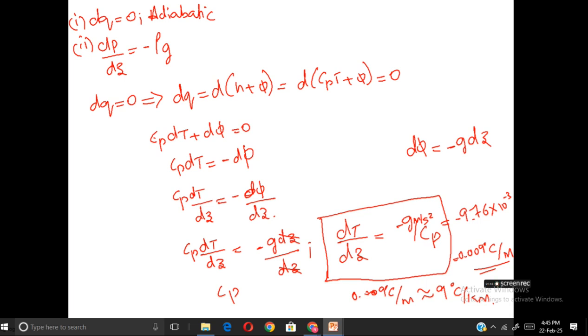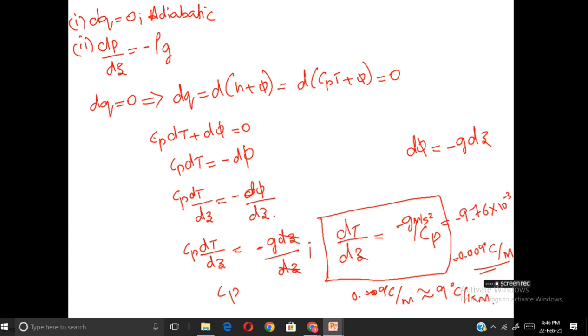And we learned what is enthalpy, which is the amount of heat supplied at constant pressure to increase the temperature from 0 to T Kelvin or T degree Celsius. And we learned what is dry static energy, which is given by H plus phi. In case of atmospheric motions, which are adiabatic and always maintain hydrostatic equilibrium, this quantity H plus phi is always conserved.